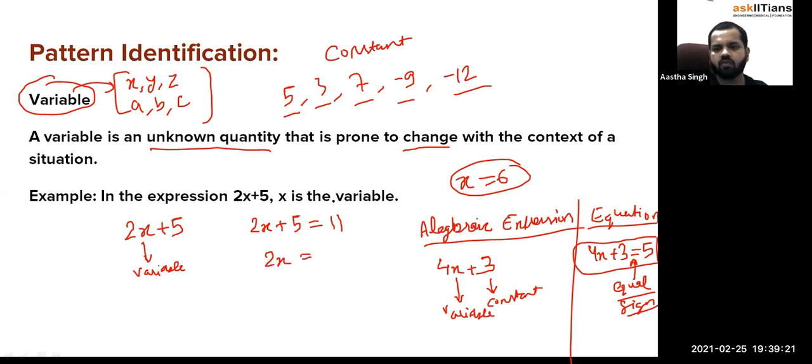Your plus 5 will go to the other side and it will become minus 5. So 2x will be equal to 6. So x will be equal to 6 upon 2, that will give you x equal to 3. I think you all have got the point: what is a variable, what is a constant, what is an algebraic expression, and what are equations.